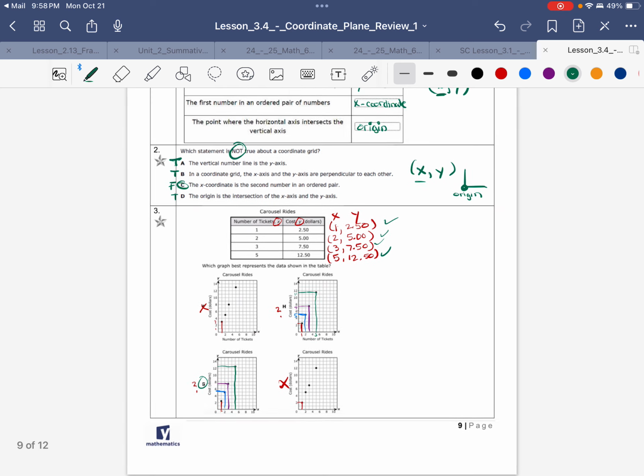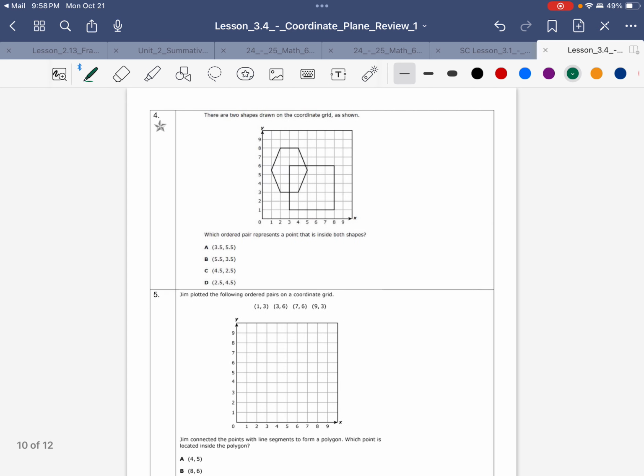All right, number 4. There are 2 shapes drawn on the coordinate grid as shown. Which ordered pair represents a point that is inside both shapes? Okay, so you're looking for a point that is inside both shapes.